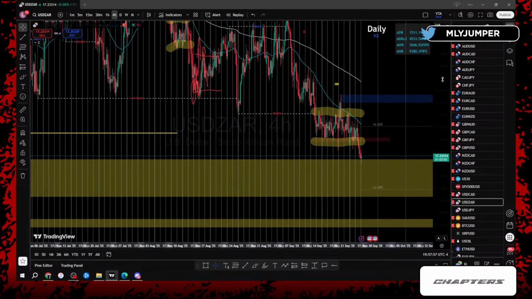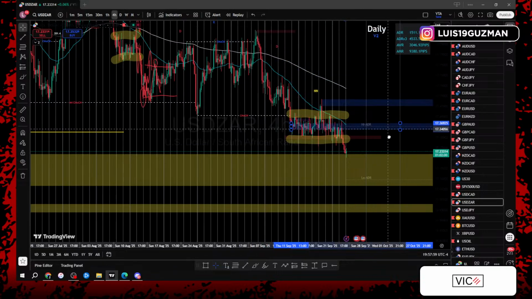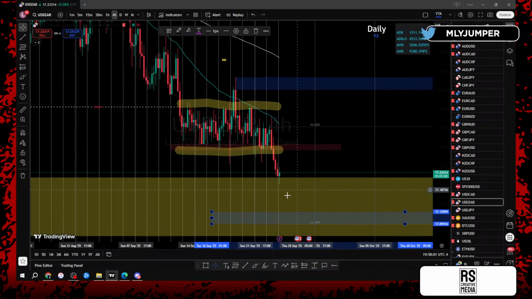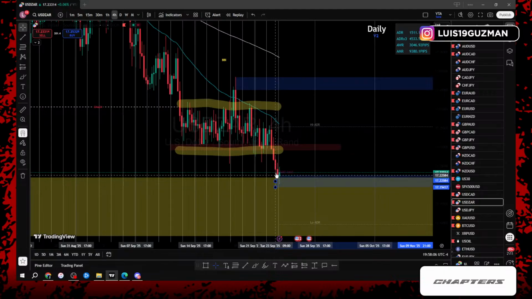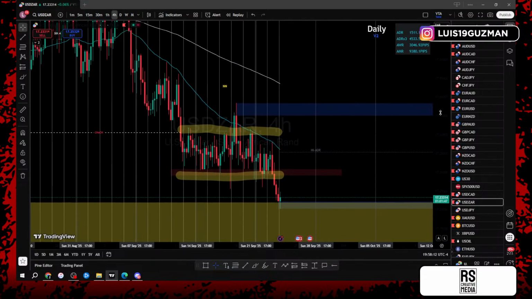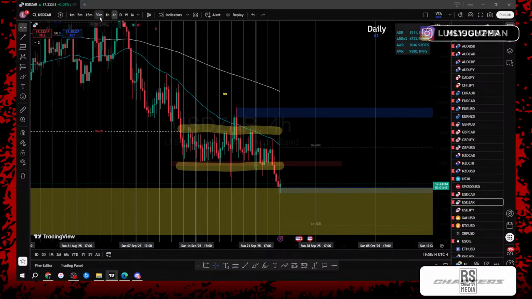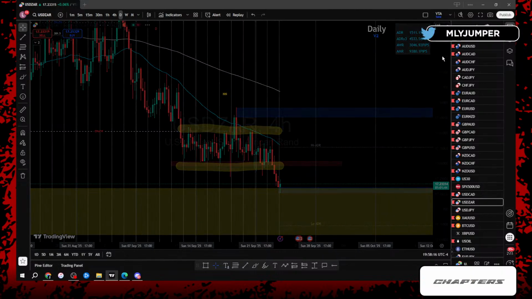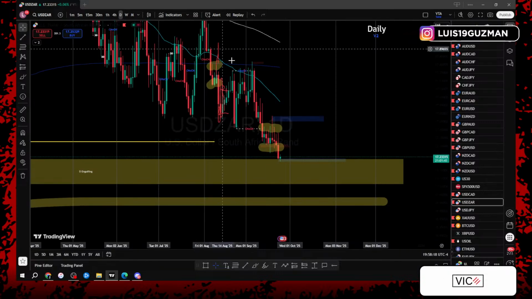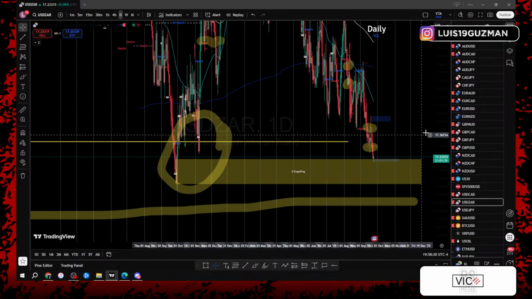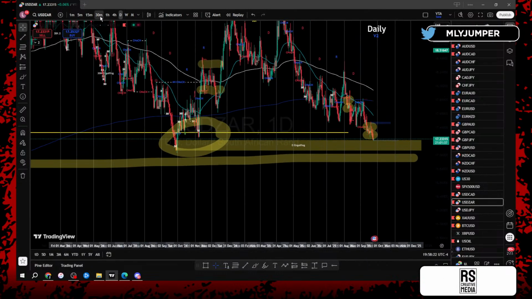These 4-hour highs and then the 4-hour lows. Still don't have any set lows yet, but I'm gonna keep it marked here. If we need to update this tomorrow morning, then we will. We'll give it some breathing room for price to move, and we've reached that daily engulfing candle at the lows at the bottom of the zone of consolidation.